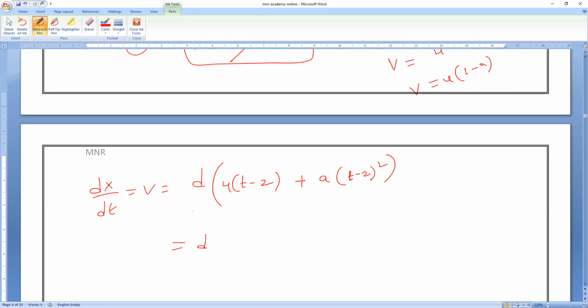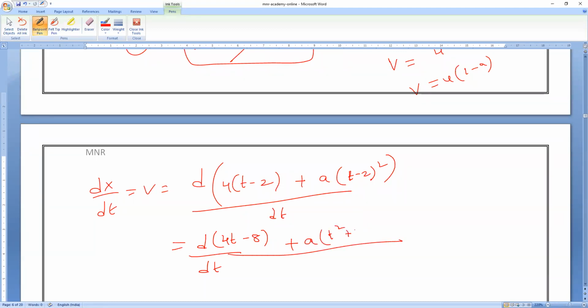Before applying differentiation, let me write it first. d by dt of 4 into t, 4t minus 8, plus a into t square plus 4 minus 4t. Is it right or wrong, guys?